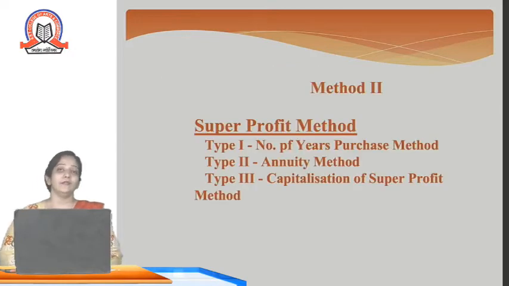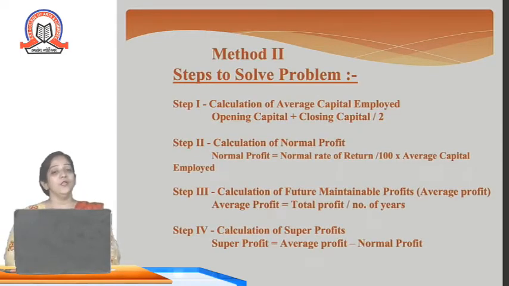Under the super profit method, we will have 3 different types of problems: the number of years purchase method, the annuity method and the capitalization of super profit method. Now let's see the various steps associated with this method. First of all, there are 5 steps associated with this method.